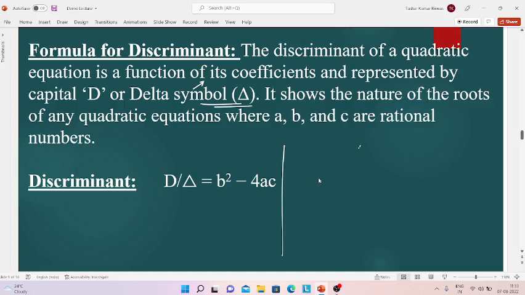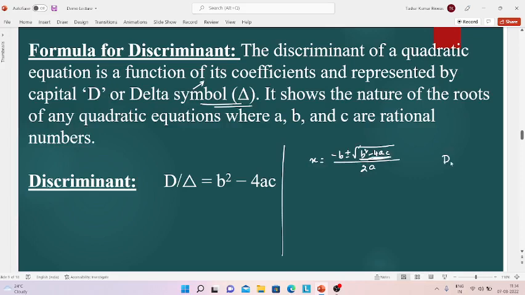So first of all, let me write down Sridhar Acharya's formula, which is x equals to minus b plus minus root over b square minus 4ac by 2a. So the discriminant of a quadratic equation is actually this part, which is b square minus 4ac, right?